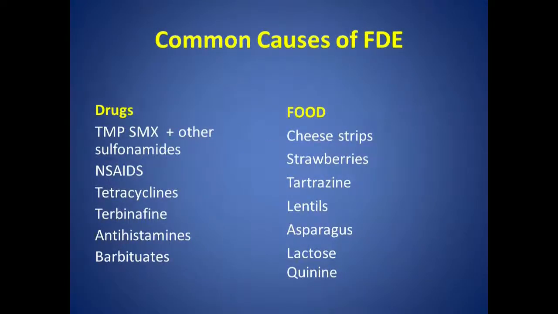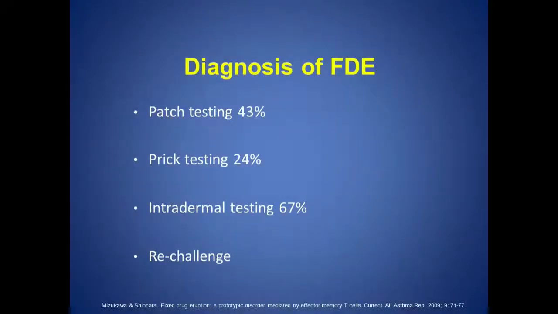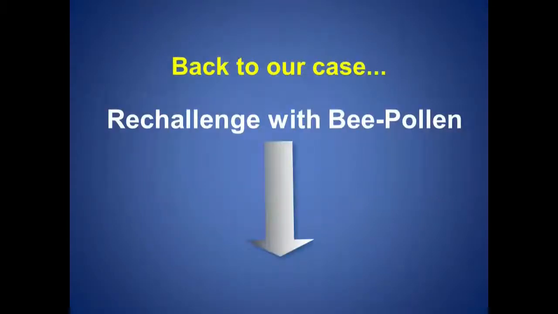Drugs can cause it, certainly tetracycline, NSAIDs, sulfonamides, antihistamines, barbiturates, but foods too. Quinine, cheese crisps, strawberries, tartrazine, and now Propolis. And patch testing isn't very helpful. Half the time it's negative. Prick testing isn't very helpful, or probably the most helpful thing is re-challenge. So that's what we did.